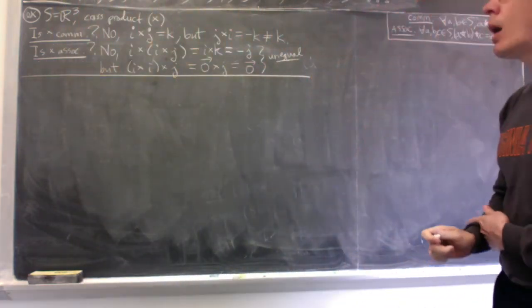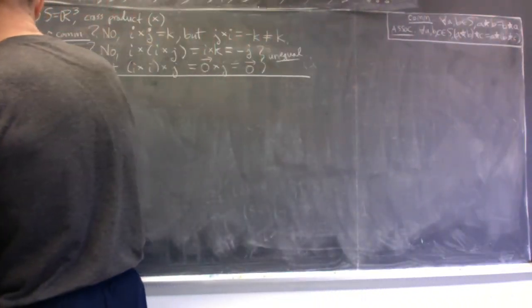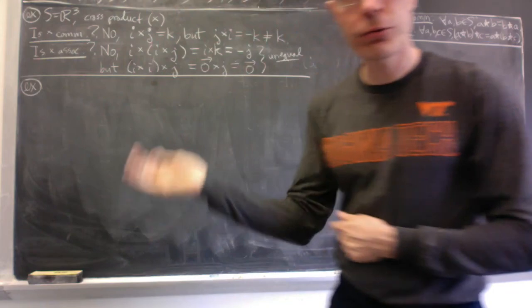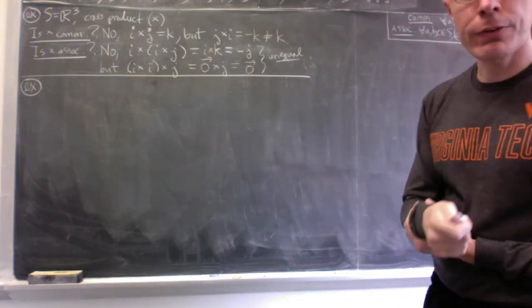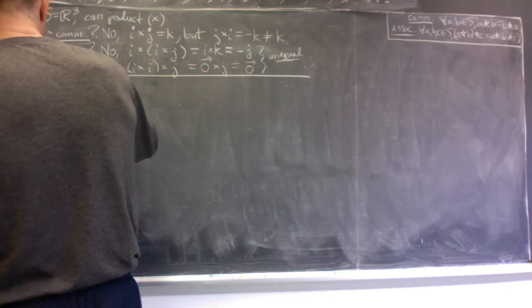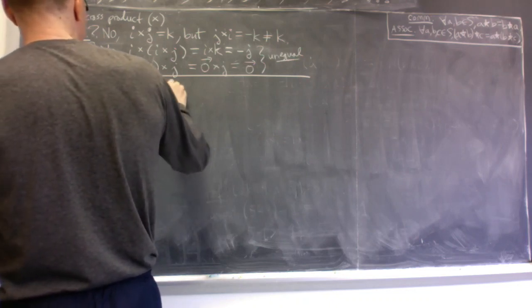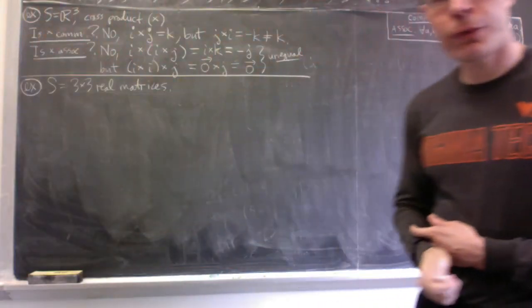All right. Let's move on to another algebraic structure you've seen from another course, on matrices. Let's think maybe S is the set of 3 by 3 real matrices, with real entries. And we could look at various operations.